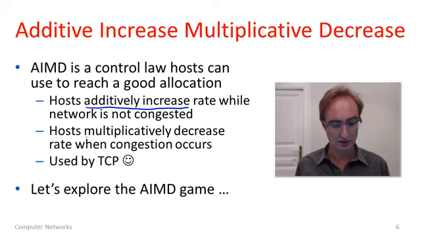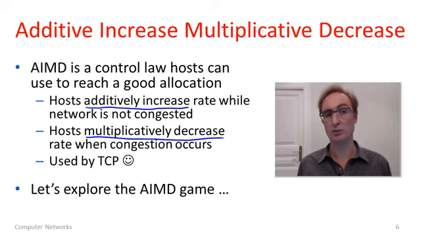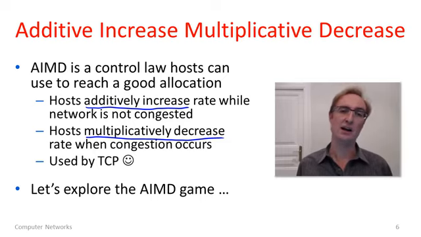And then hosts multiplicatively decrease the rate by changing the sliding window, reducing it, when the network enters a congested state. And that's it. This algorithm repeats, additively increasing until you run into congestion, then multiplicatively decreasing to get away from it, on and on, and that's AIMD. TCP uses the AIMD algorithm. All of the different TCP mechanisms really exist to implement AIMD.